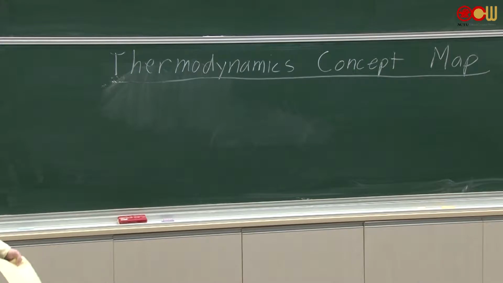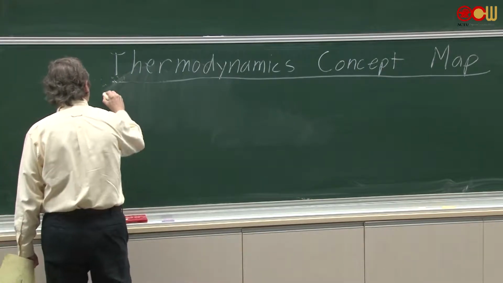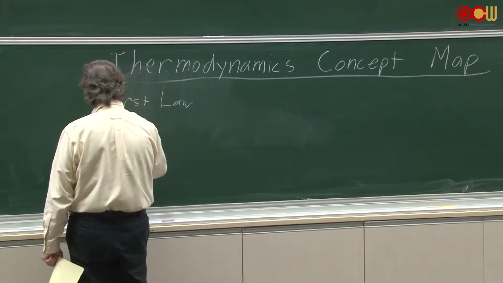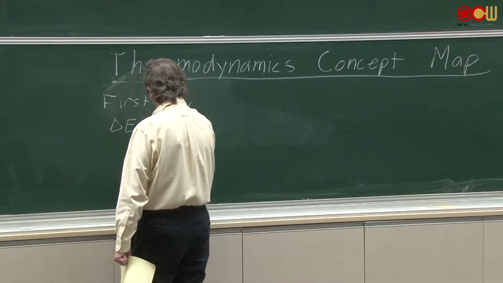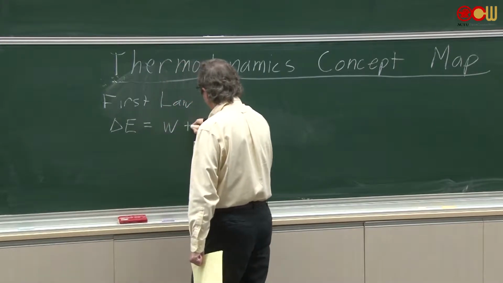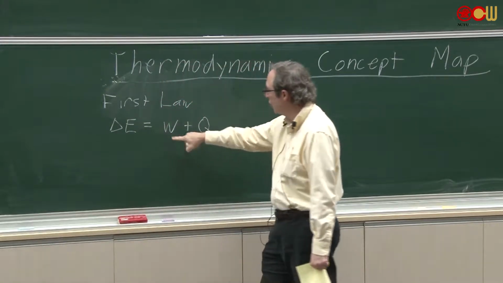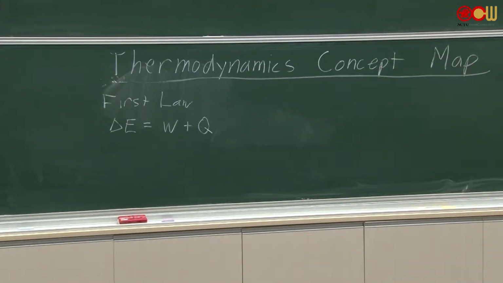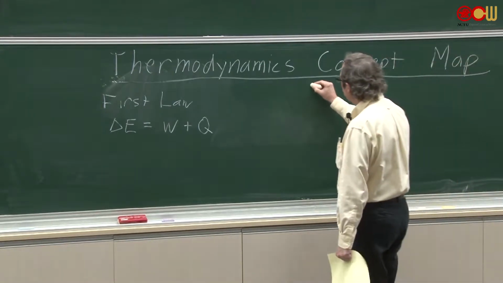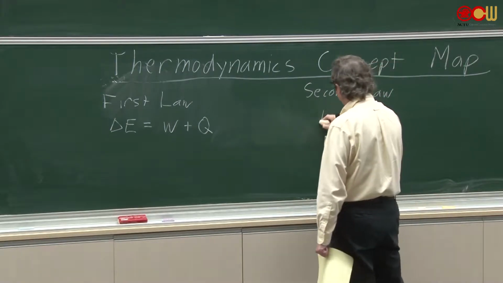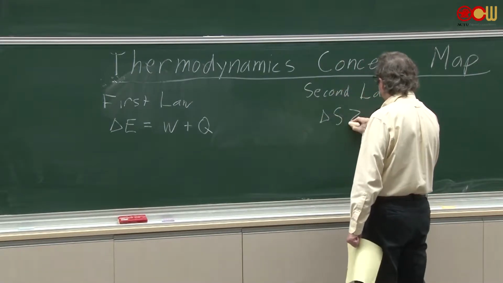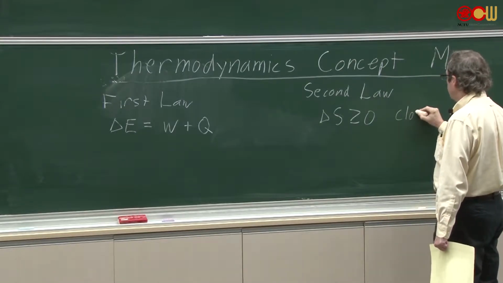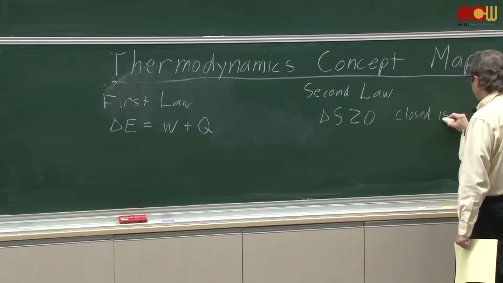All right, so what are some of the key ideas? It starts with the first law, which is that the change in energy can come from two sources, work or energy due to heating or cooling. Then we have the second law, which says that delta S is greater than or equal to 0 in a closed, isolated system.